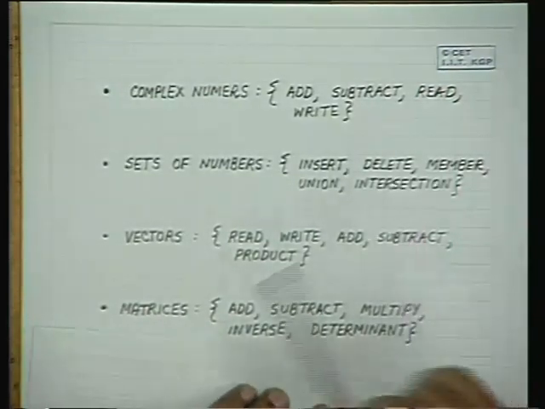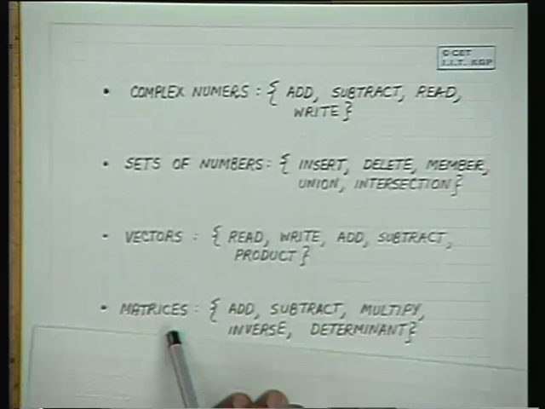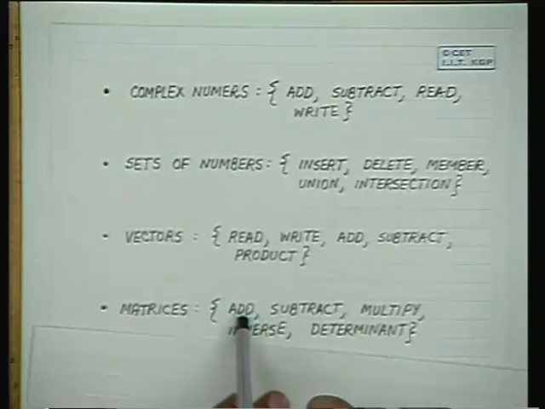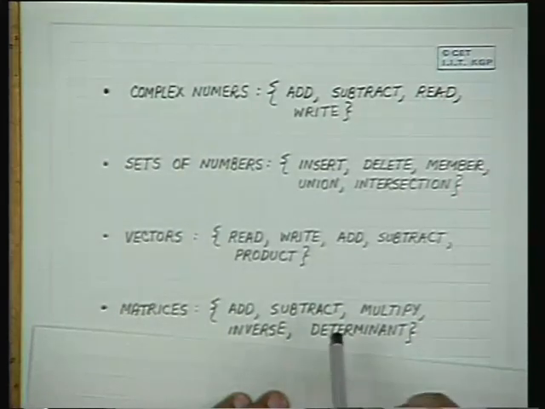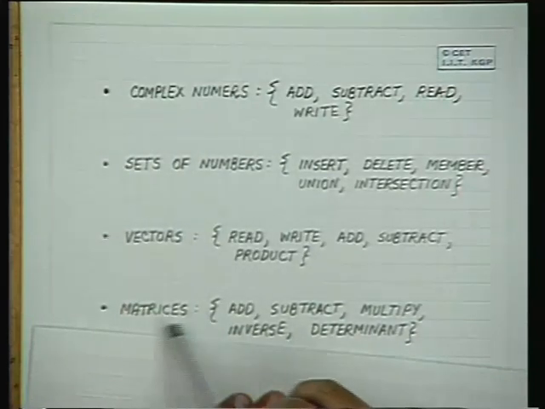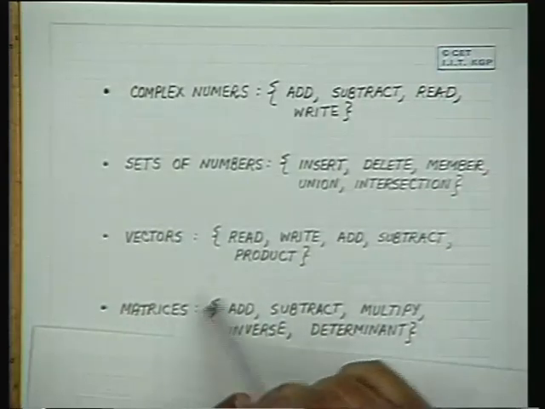You can define a data structure called a matrix which is parameterized by 2 parameters depending on the rows and columns of the matrix, and then you can define operations for adding 2 matrices, subtracting 2 matrices, multiplication of 2 matrices, inversion of a matrix, finding the determinant of a matrix, and so many others. So these matrices will be operated by the operators which are defined.